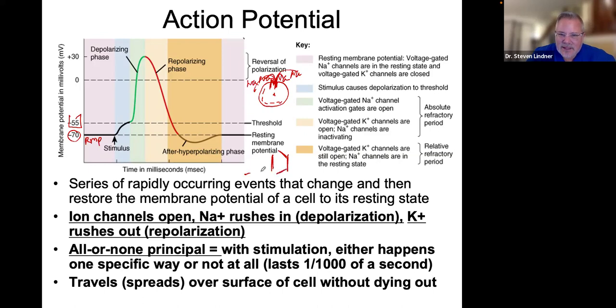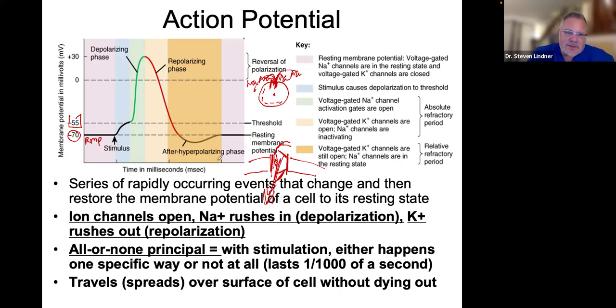So let's say here's the cell membrane. This is the channel, and there's two gates. So some sodium comes in, and it's coming into that first gate until we hit minus 55. Once minus 55 hits, the second gate opens wide open, and sodium starts to rush way into the neuron.